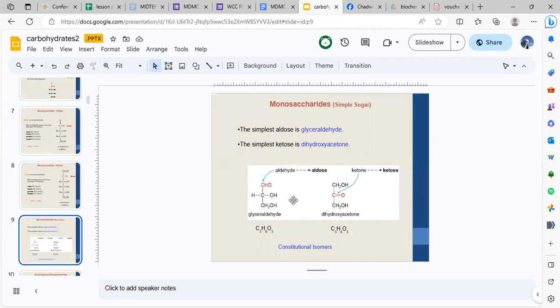The only similarity between the two molecules is basically the molecular formula. You see here it's a ketone, this one is an aldehyde, therefore you have different physical and chemical properties.